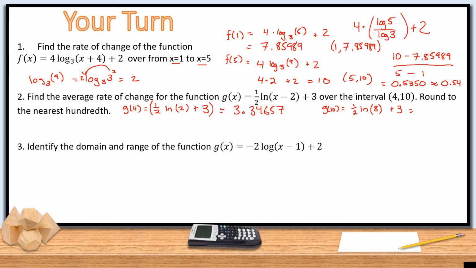So we got 0.5 times ln of 8 plus 3. That's 4.03972. So I've got my slope formula now. 4.03972 minus 3.4657, all over 10 minus 4.